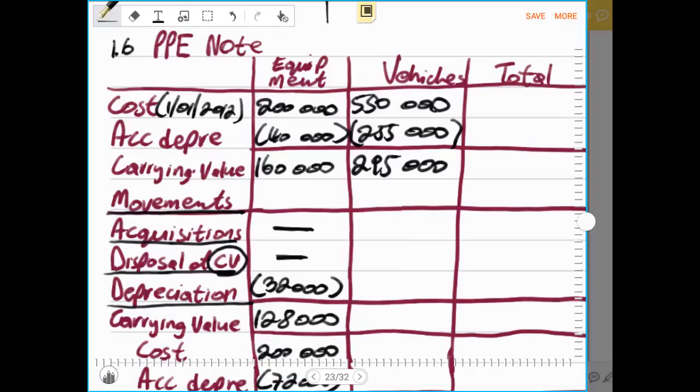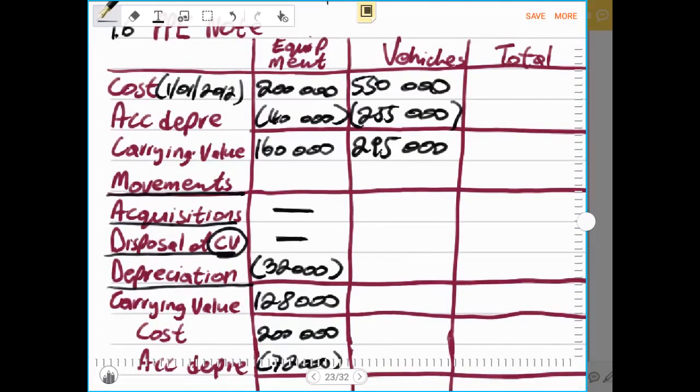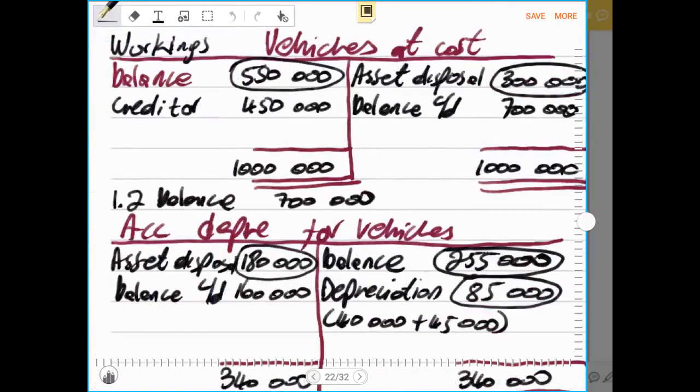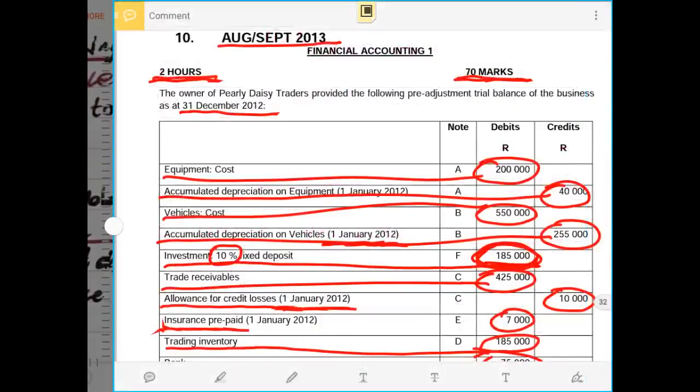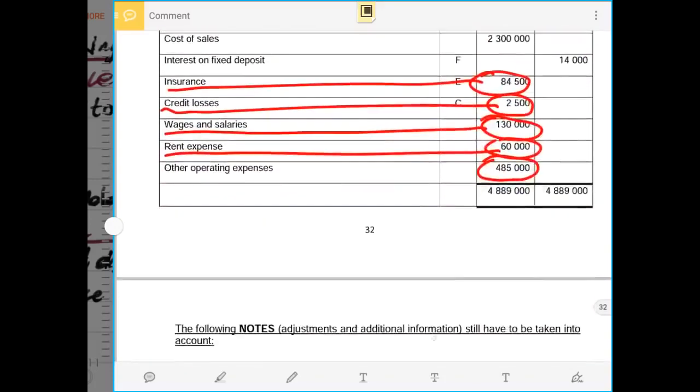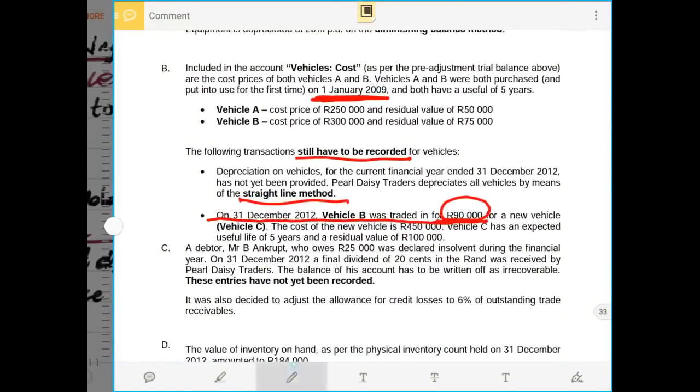So now we come to vehicles, and we know that there was a new vehicle that was bought during the year. The vehicle that was bought during the year cost 450,000 rands. And in the adjustment, it also agrees with us that motor vehicle C was received, and the cost of vehicle C was 450,000 rands.